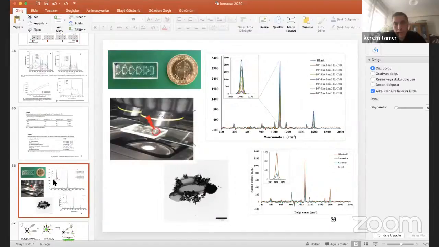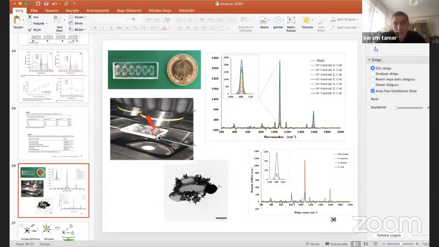We also make some label-free analysis using the same system, and it works, but sometimes there are some problems. For instance, this chip system is very small. You can fix it under the microscope and just focus on the measurement area of the system.